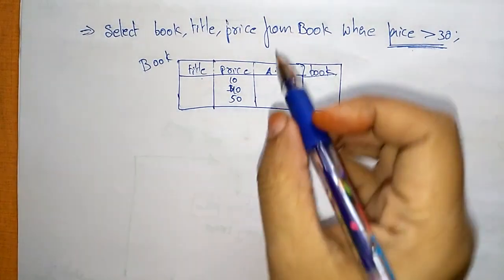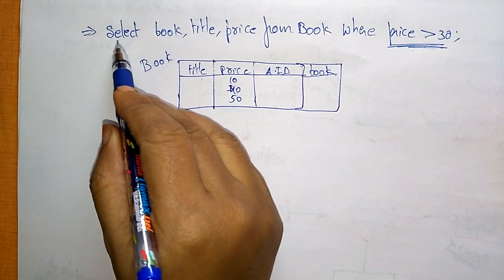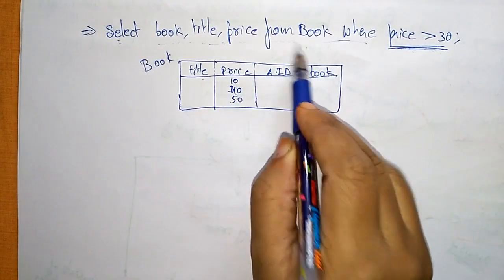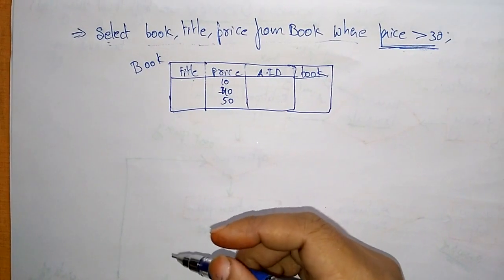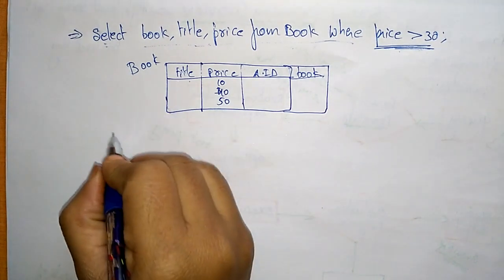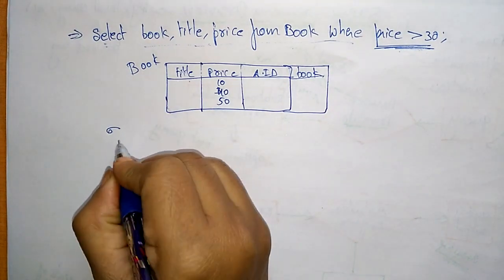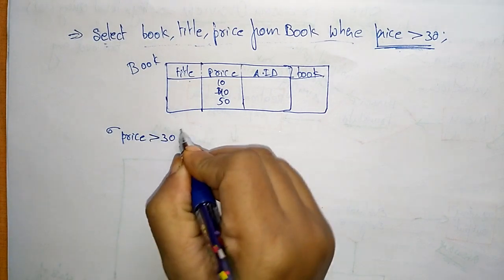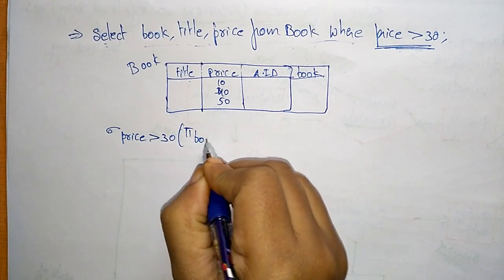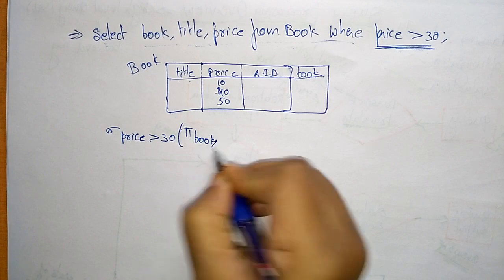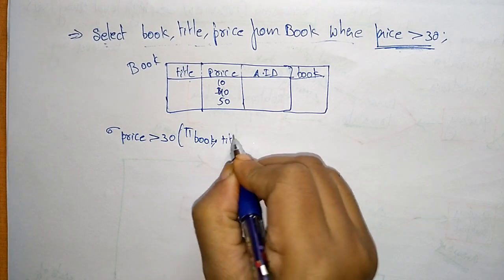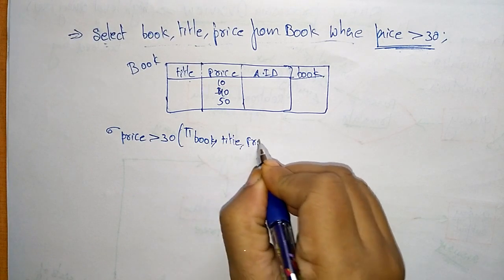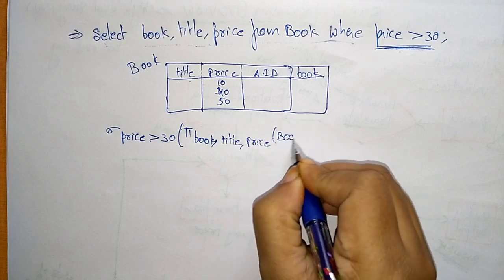First, whatever the SQL query is, it will be converted into relational algebra. So we will write sigma price greater than 30, pi of book, title, price, from book.